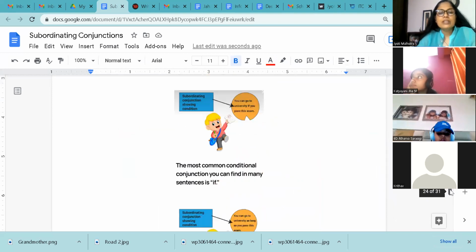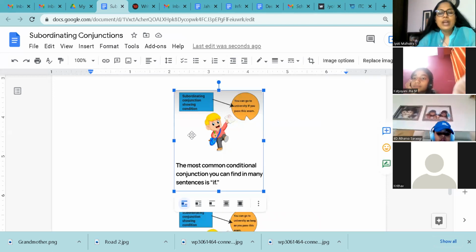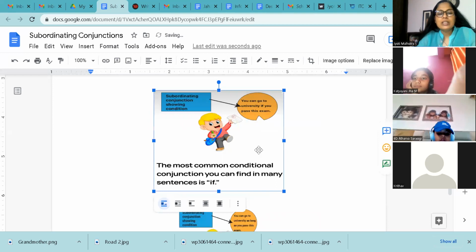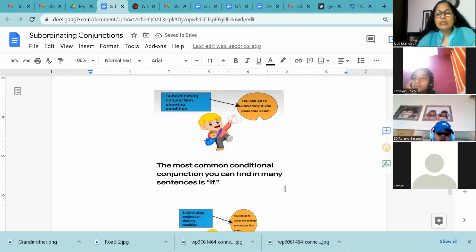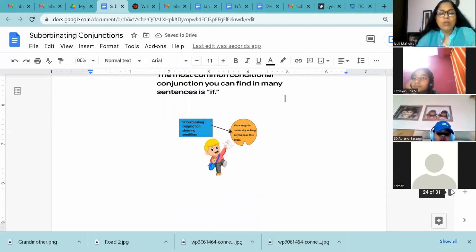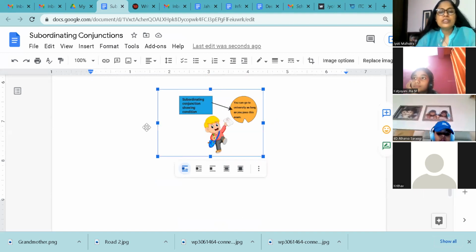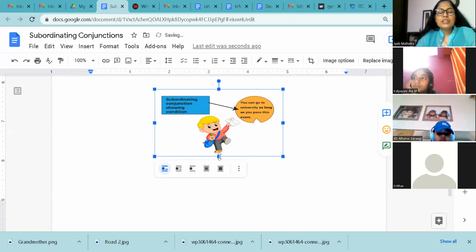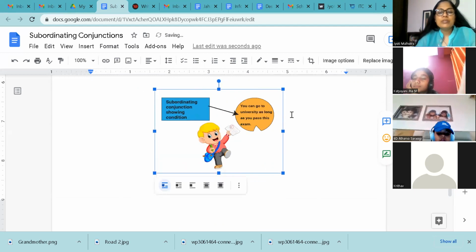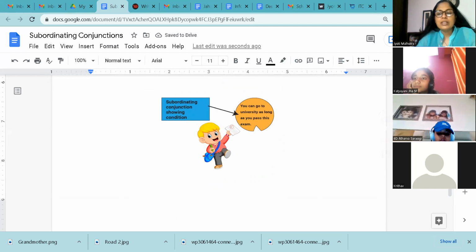Let's look at this one. You can go to the university if you pass this exam. So it's a very commonly used conditional. Sorry. Let's look at another option. You can go to the university as long as you pass this exam.